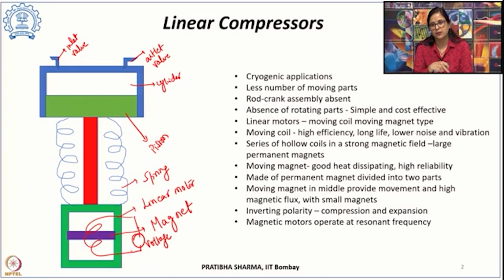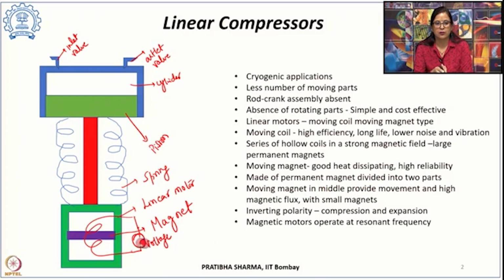Now, in order to address that, we can also have the other linear motors which are based on the moving magnetic type. These moving magnetic type of motors provide very good heat dissipation, they have a low outgassing capacity, at the same time they are highly reliable, and they are made up of a permanent magnet that is divided into two parts.